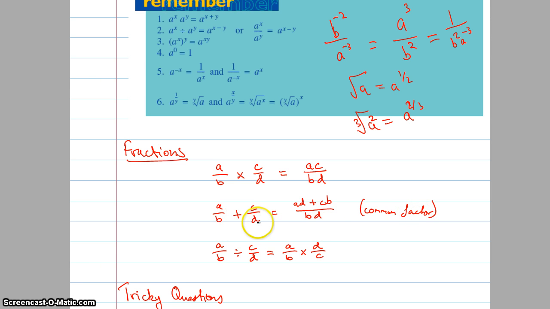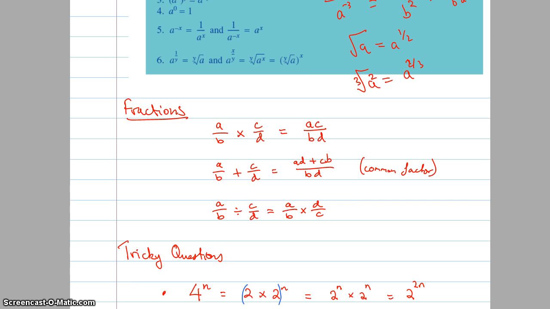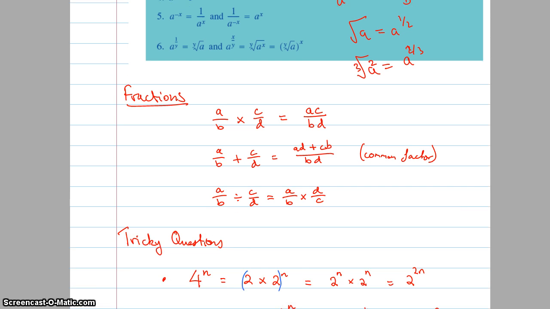So with this one, I'd have to multiply this one by b, which means I have to multiply the top by b, this one by d, multiply the top by d. Once you've got a common denominator, then you can add them together. Okay, and then lastly, when you divide fractions, you flip and multiply. So you flip the second fraction and then multiply them out. Hopefully that's not new, that's stuff you know.